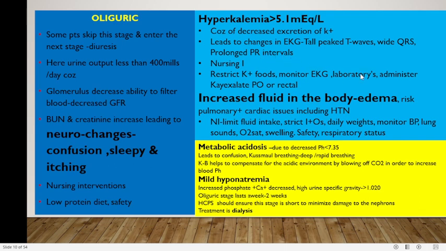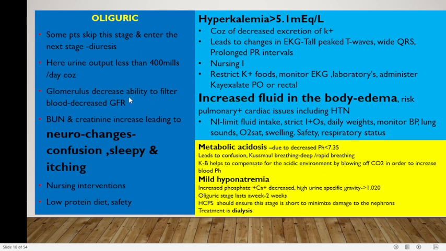We also need to look at the labs to ensure that the range is between 3.5 to 5.0. You administer Kayexalate. The physician will prescribe Kayexalate, and the nurse will administer this drug, orally or rectally, with an aim of reducing the level of potassium in the body.